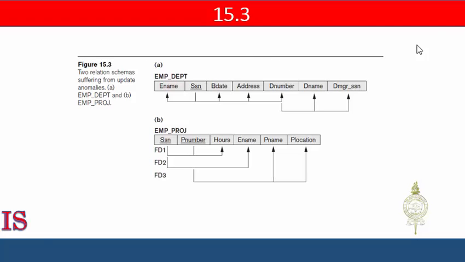Employee department mixes attributes of employees and departments. Employee project mixes attributes of employees and projects and the works-on relationship. Therefore, they violate the above measures of design goodness or design quality. They may be used as views, but they cause problems when used as base relations, as we'll discuss soon.